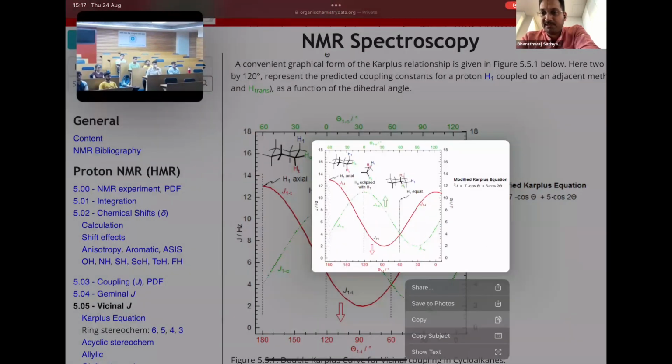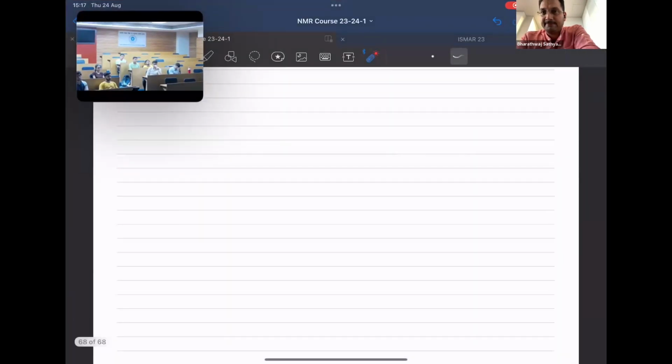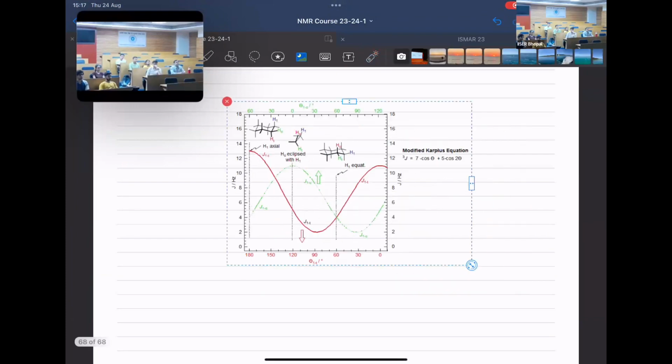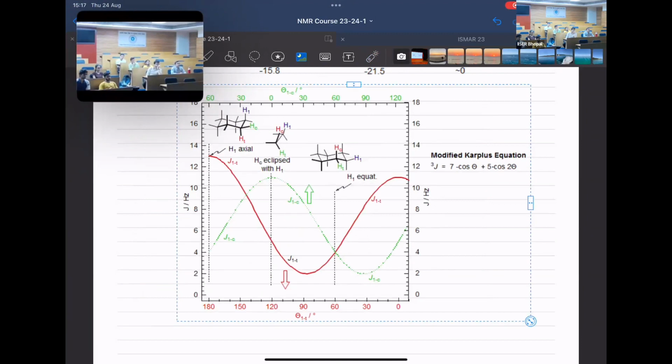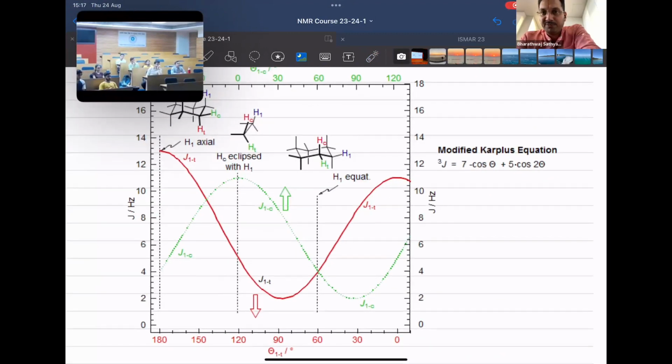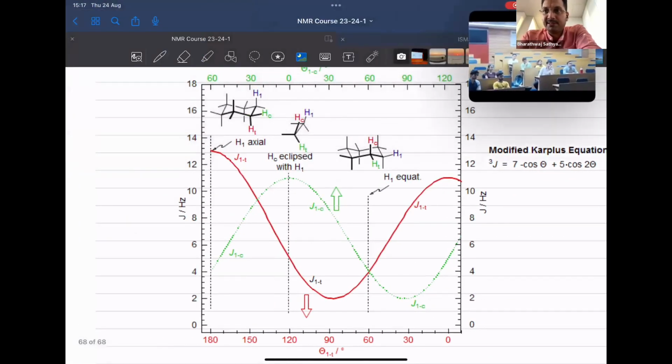ring pucker. So let's take a look at this example. There you go. So I hope this is visible. The example that we are trying to see here is what is the coupling between H1, HC, and HT? And I think that's a methyl group that's present, something like that.